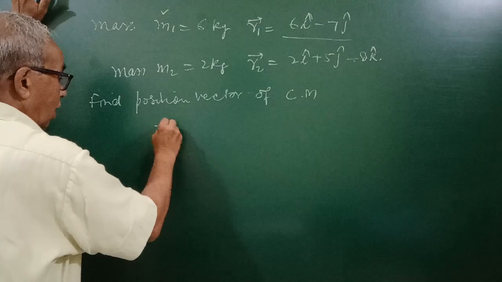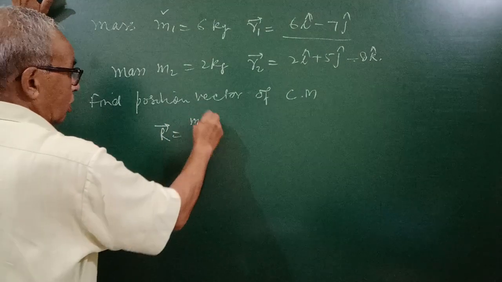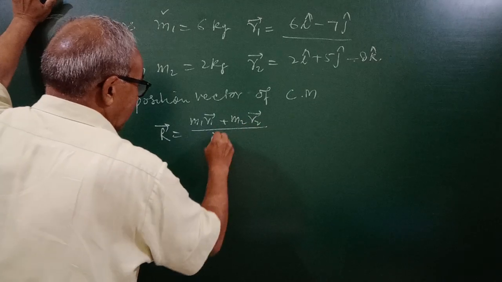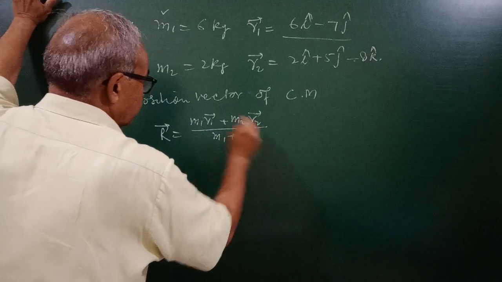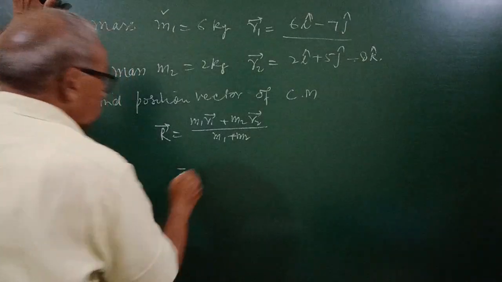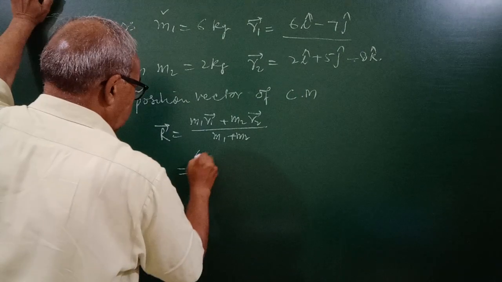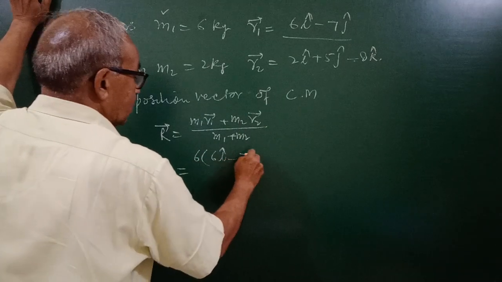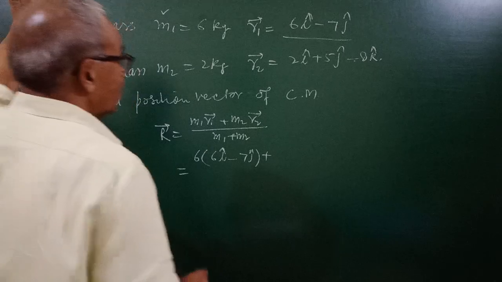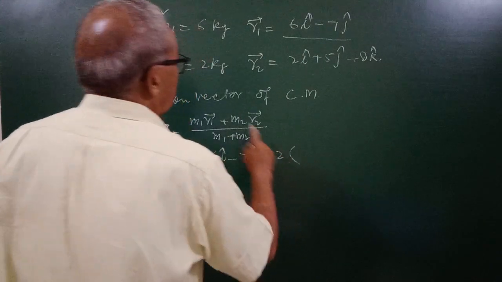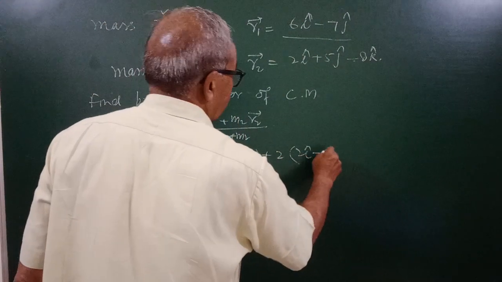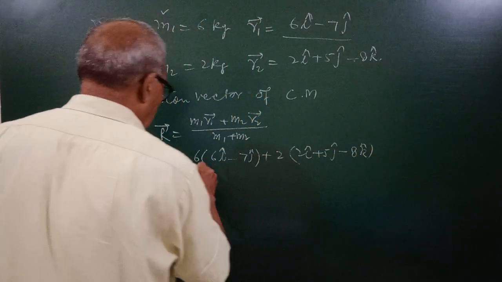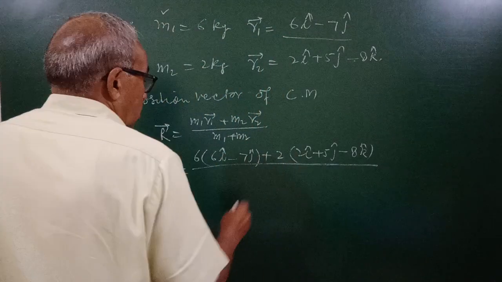We know the solution: R equals M1 R1 plus M2 R2 upon M1 plus M2. So it is equal to M1, 6 kg, R1, 6i cap minus 7j cap, plus M2, 2 kg, R2, 2i cap plus 5j cap minus 8k cap, upon 6 plus 2.